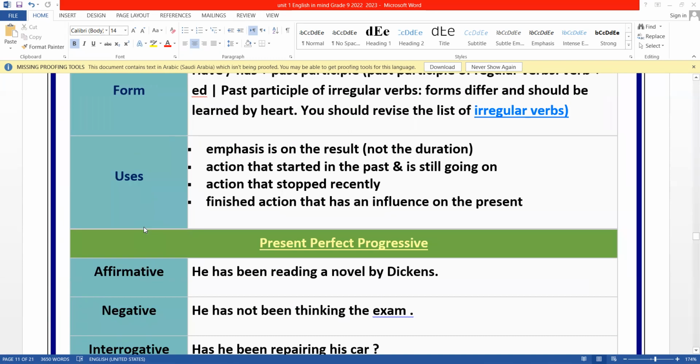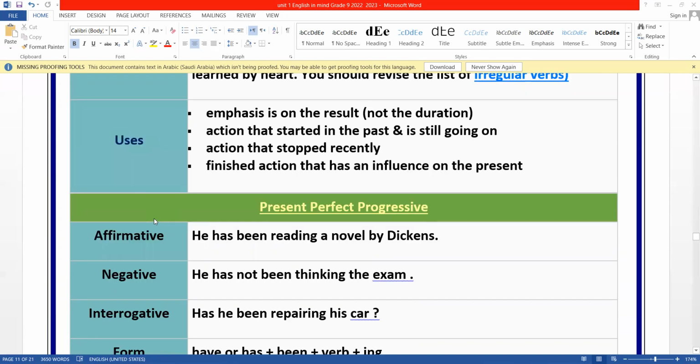We use the present perfect to emphasize the results, not the duration. An action that started in the past and is still going on. For example, he has lived in Jeddah for 13 years. That means that he started to live there 13 years ago and he's still living there. An action that stopped recently.